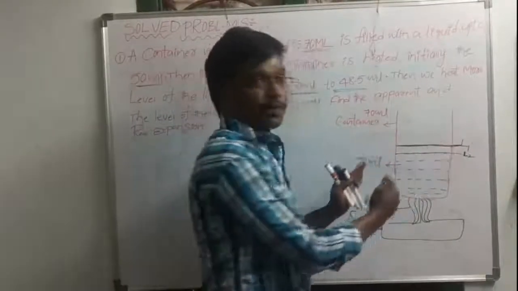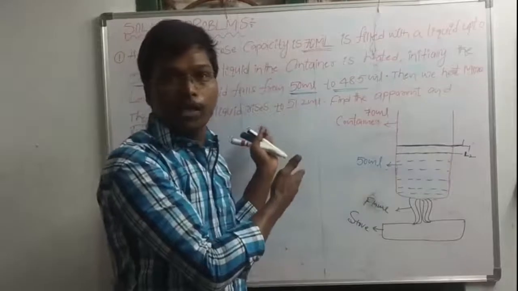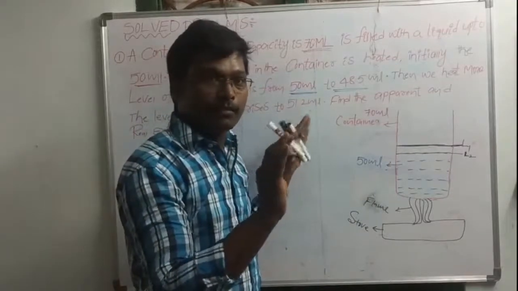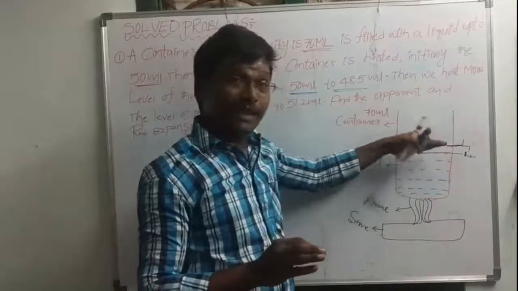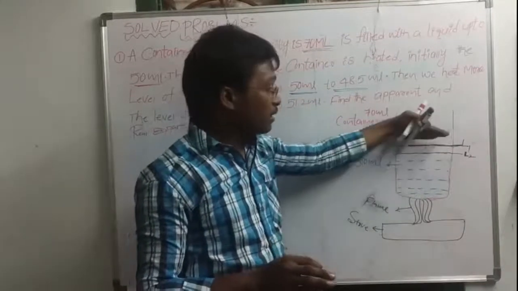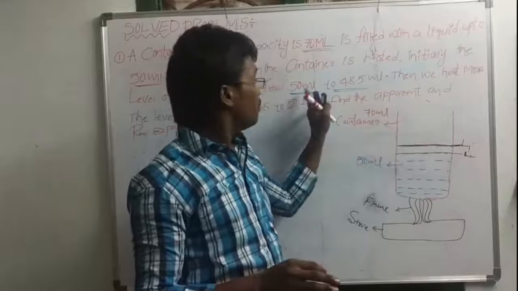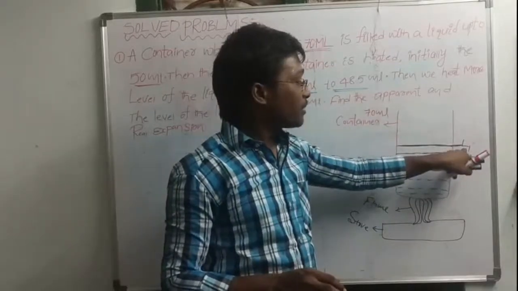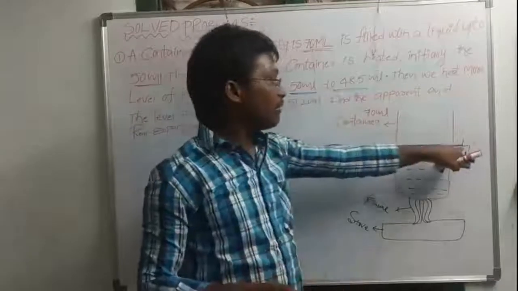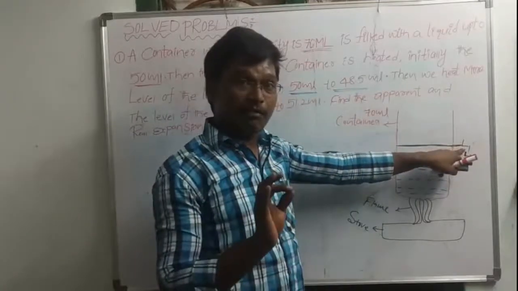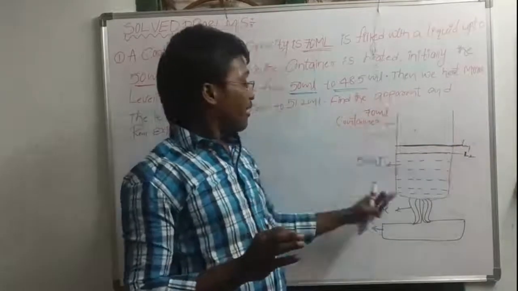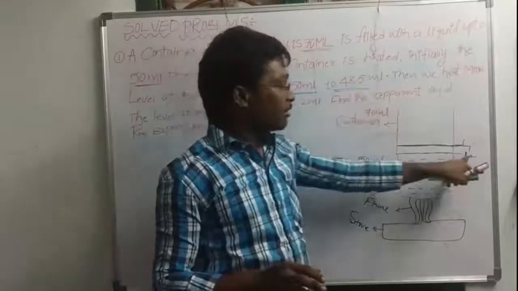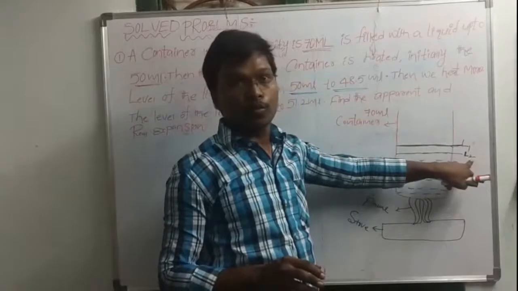He didn't mention it in the question, so no need for that. Initially I gave 50 as L1, the initial level. When we apply heat, it reduces from 50 to 48.5. So that 48.5 is L2.